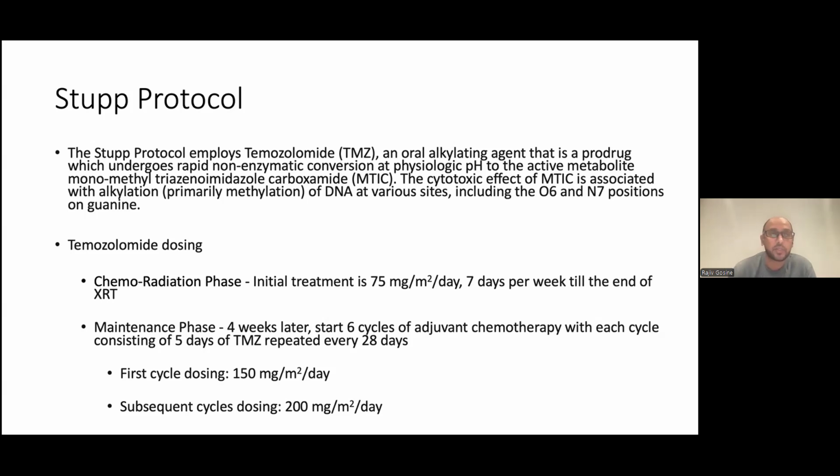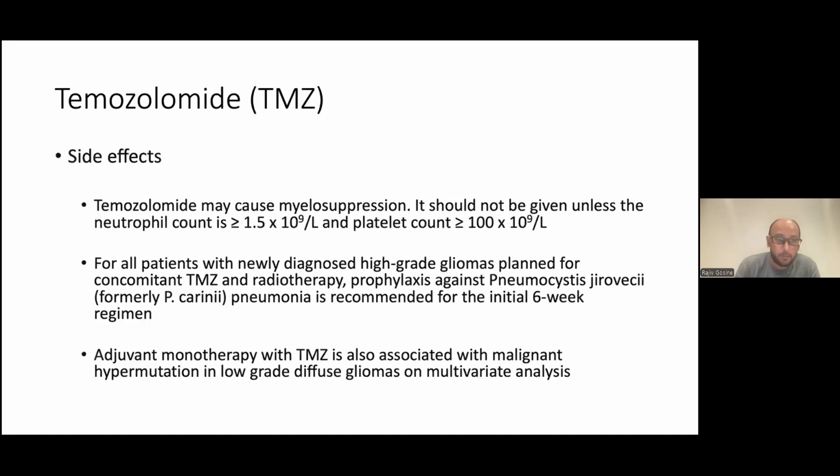The first cycle dosing is 150 milligrams per meter square per day, and with each subsequent cycle it's about 200 milligrams per meter square body surface area per day. And this was initially described as 6 cycles. Some people, as we will discuss later, will take it further up to about 12 months, and some practitioners will give it until there is recurrence of disease.